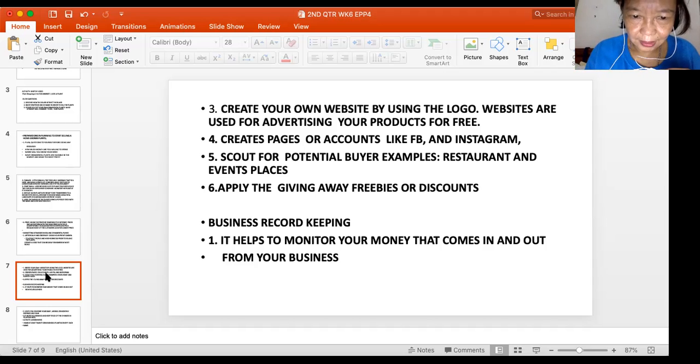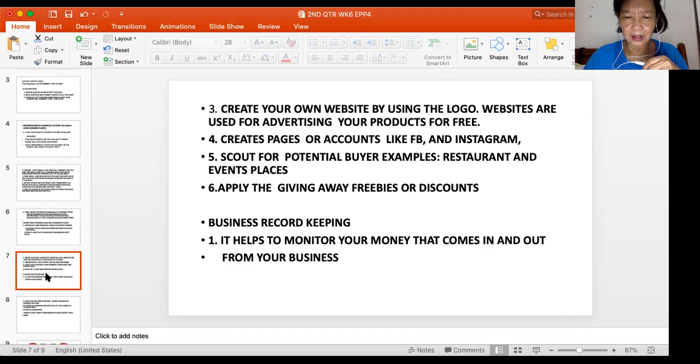Next is business record keeping. Number one, it helps to monitor the money that comes in and out of your business. So you have a record. You have to record the sales, the profit that you made that day.